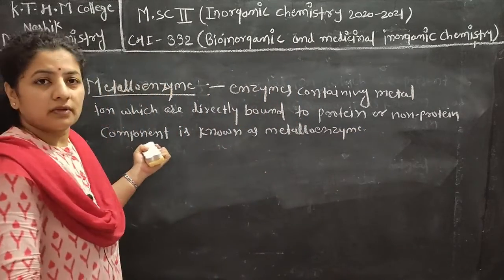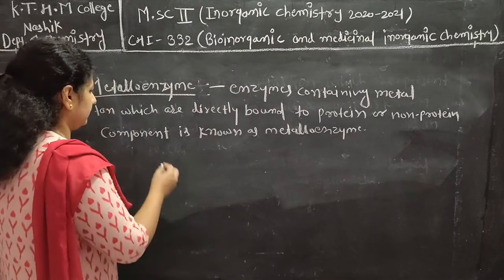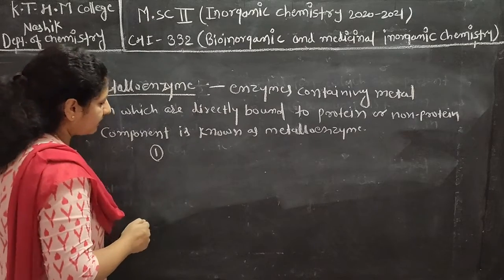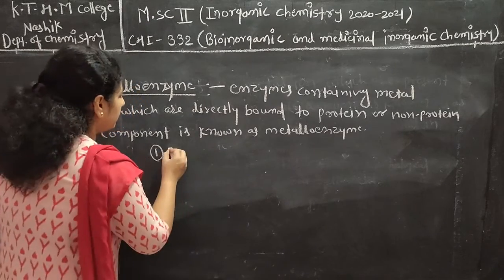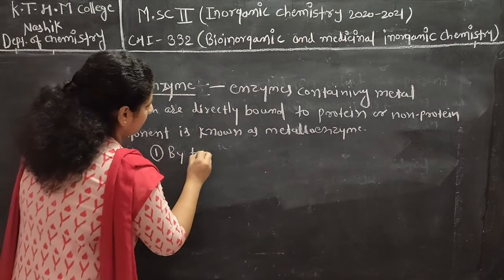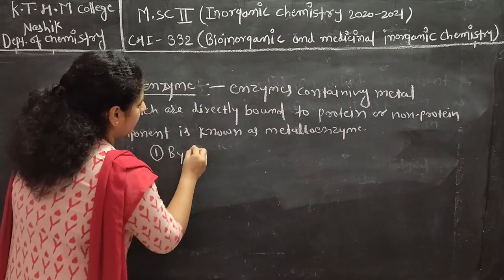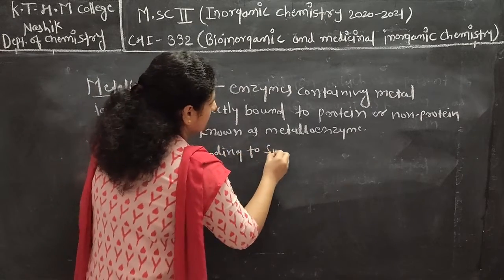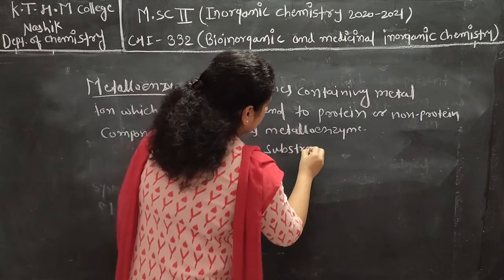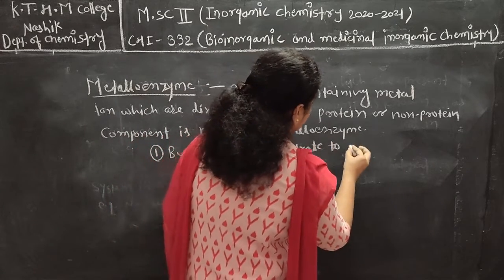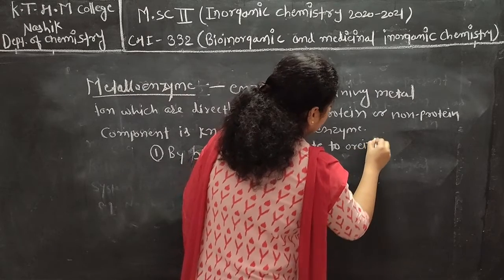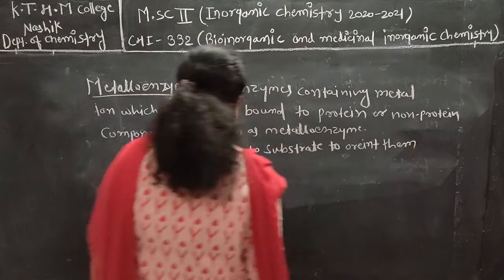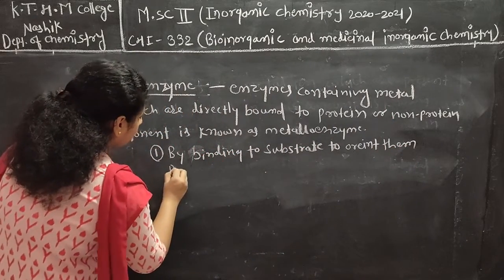Now, what are the functions of metalloenzymes? The first function of a metalloenzyme is that it binds to the substrate, to orient it properly for a reaction.